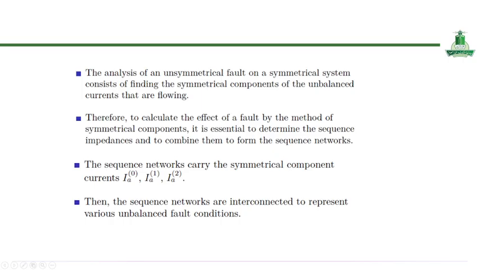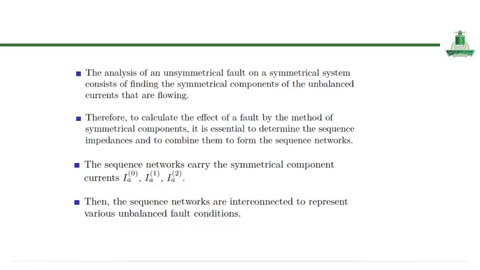All right. This slide explains the fundamental concept of analyzing unsymmetrical faults in the power system using the method of symmetrical components. When a fault occurs, the system becomes unbalanced, and the resulting currents can be decomposed into three balanced sets known as zero, positive, and negative sequence components.